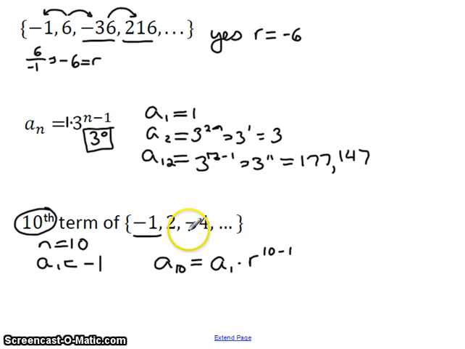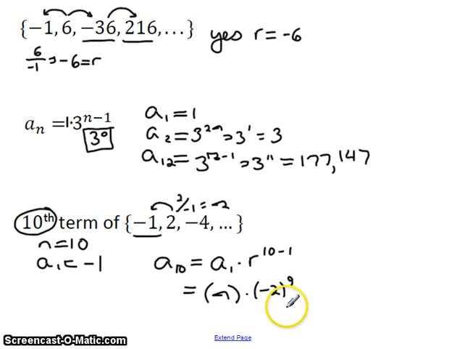Now, I'm going to assume this is a geometric sequence, so I'm going to go ahead and take 2 divided by negative 1, and that's going to give me negative 2 for r. So a sub 10 should be a sub 1 times negative 2 to the 9th power. Be sure again that you're using parentheses with your negative numbers raised to a power so that the order of operations works out correctly. And this is a negative 1 here. And when I do all that, I get 512 for my answer.